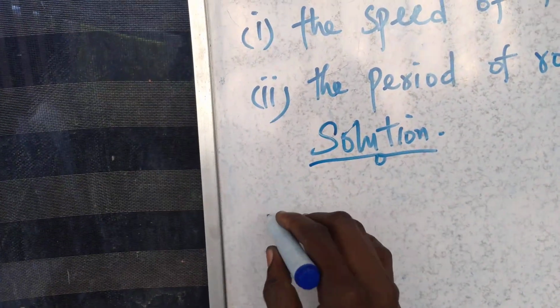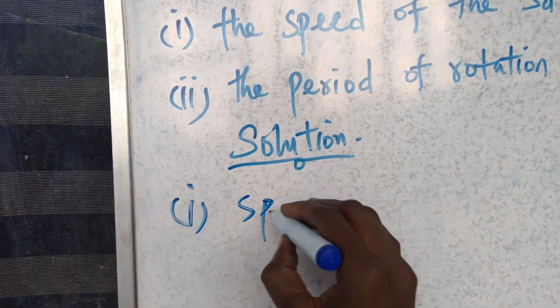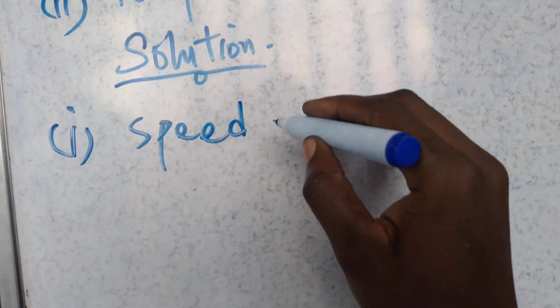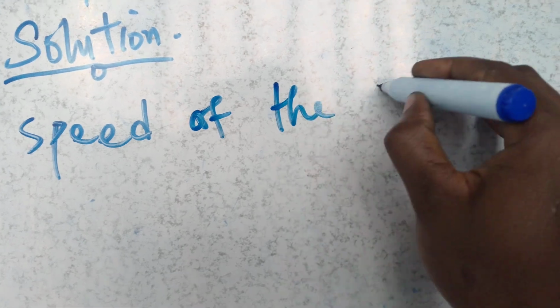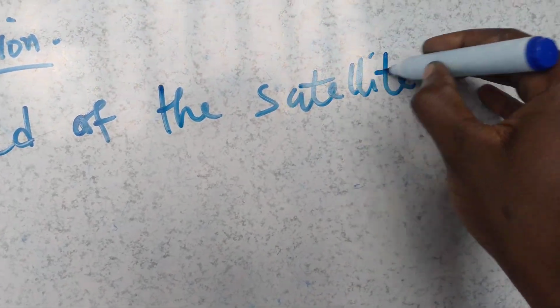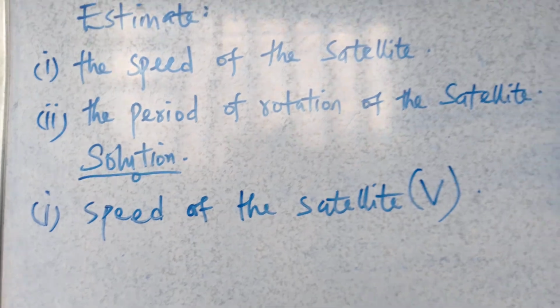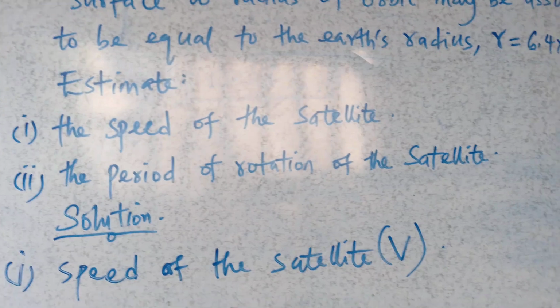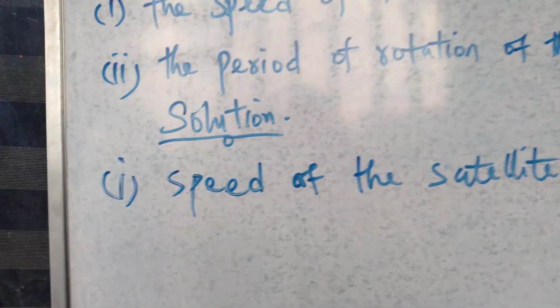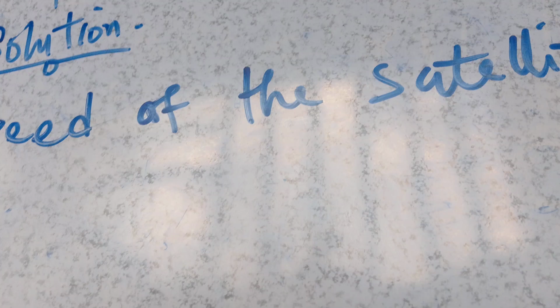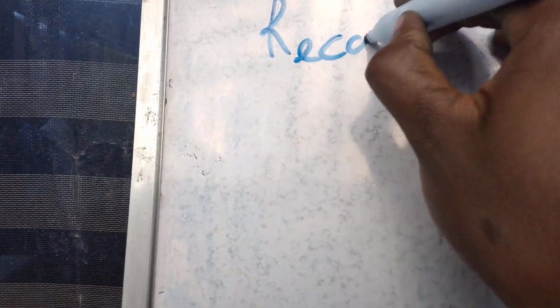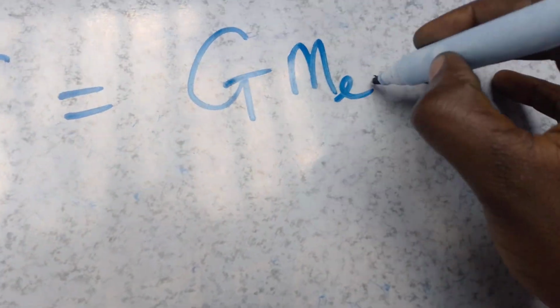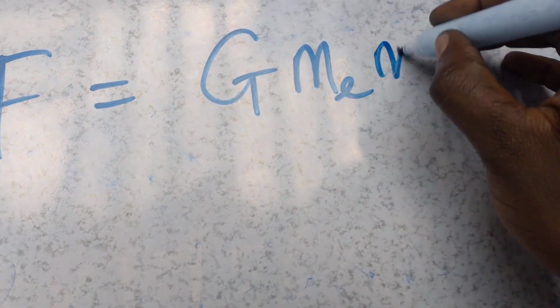So the first one there is the speed of the satellite. Okay, so how do we find this now? What we'll do is to equate Newton's law of universal gravitation to centripetal force. Recall that F is G ME m over R squared.